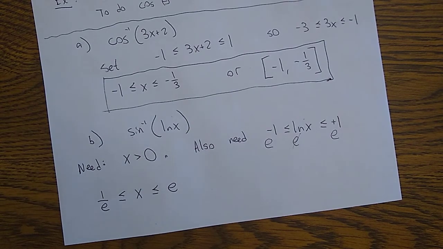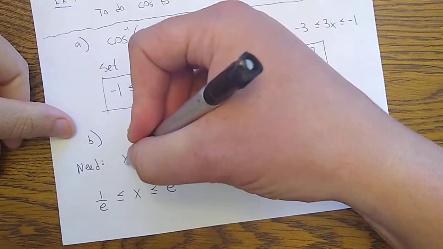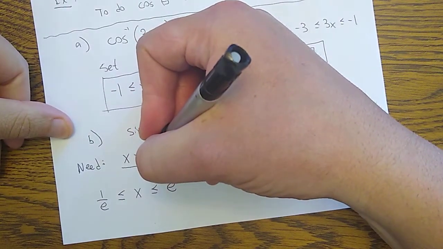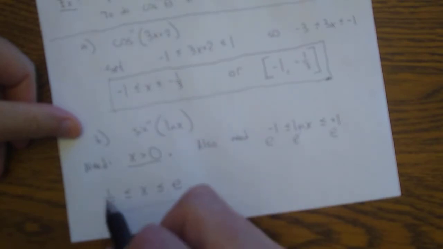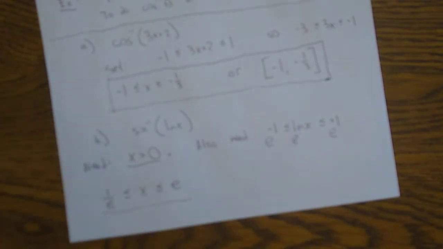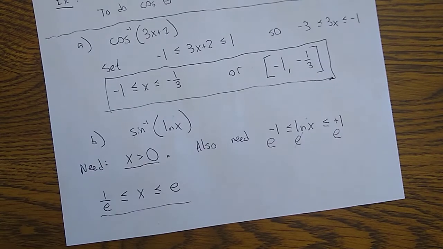Okay, so I'm basically done. Let me just assemble my answer. So I found two things. I needed x to be greater than 0, and I also needed x to be between 1 over e and e. And now if I think about it, that's a little redundant, because keep in mind that e is a positive number, e is like 2.7. So 1 over e is also a positive number.